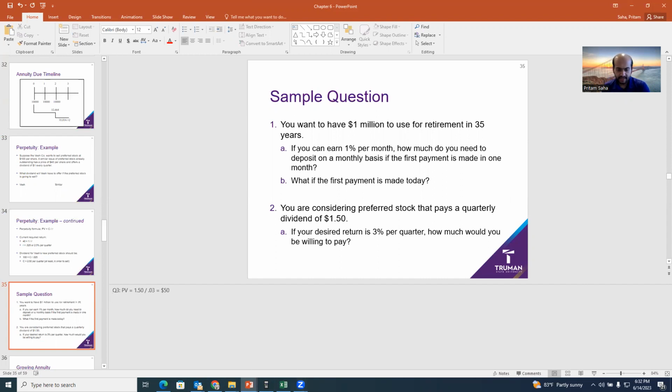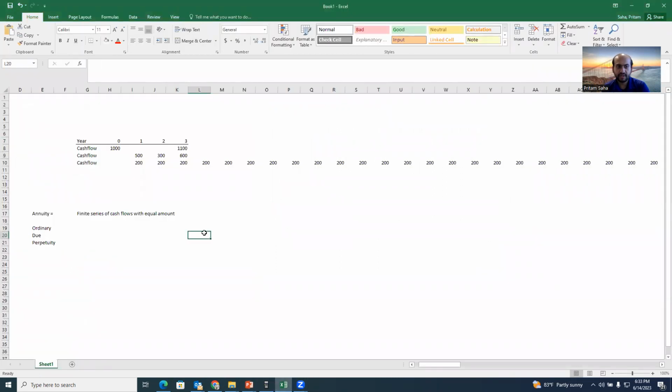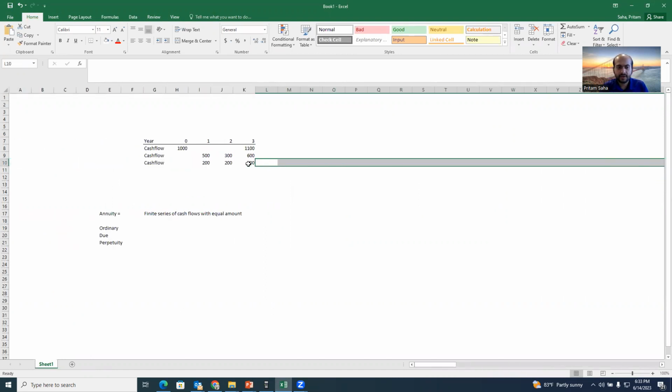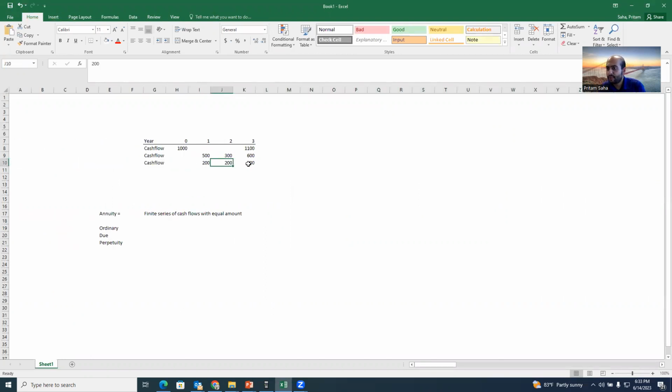Now, so far, what did we talk about? We talked about annuity, we talked about perpetuity, right? So basically, when you say annuity and perpetuity, you are talking about equal amounts of cash flows. That means a constant amount of cash flows for a period of time, right? But annuity and perpetuity can grow.